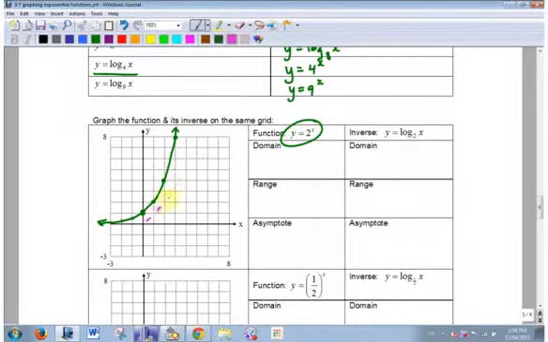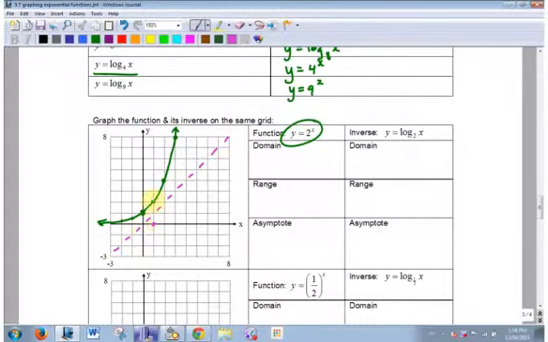Yeah. So some people are pretty good at that. They can just take that point and go bang, bang, bang, bang and swap them. But let's be careful. This point is 0, 1. So I'm going to go 1, 0.